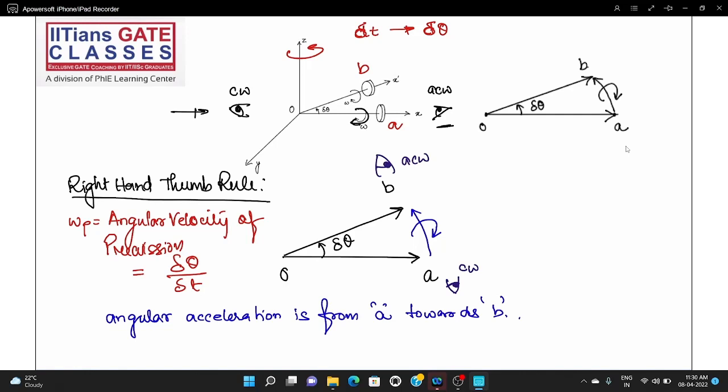Now, for this acceleration to happen, we know that there has to be a torque, right? So this torque, from A to B, is also known as active gyroscopic torque.